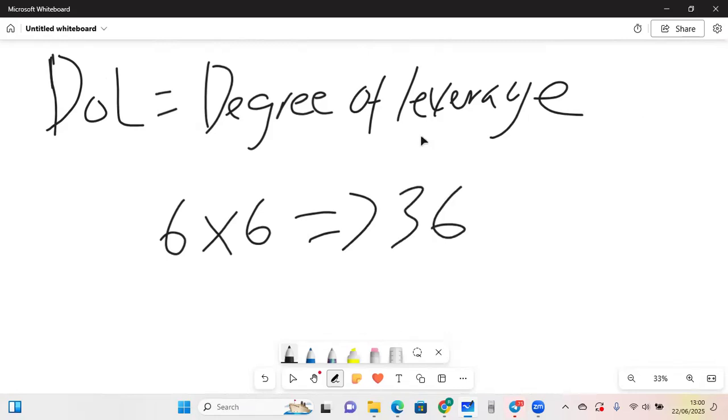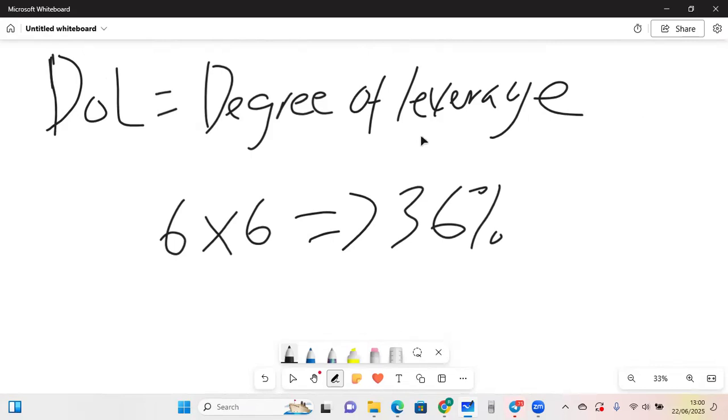So it means profit is also going to increase by 36%. That's what the degree of leverage is normally used for, right?